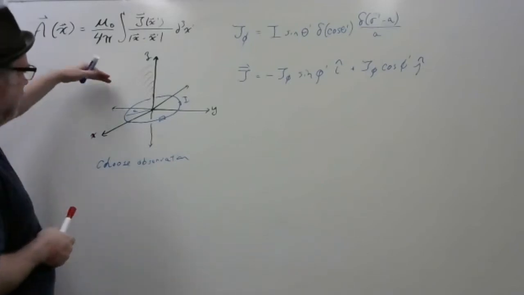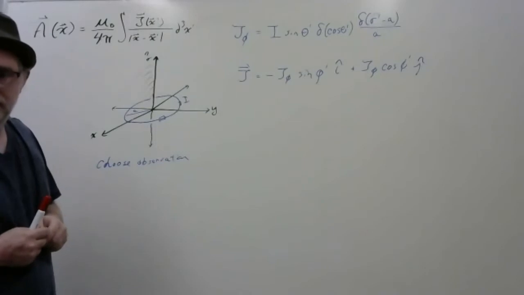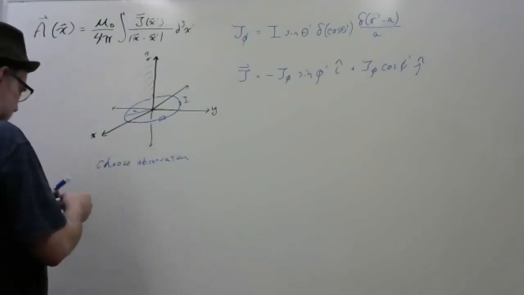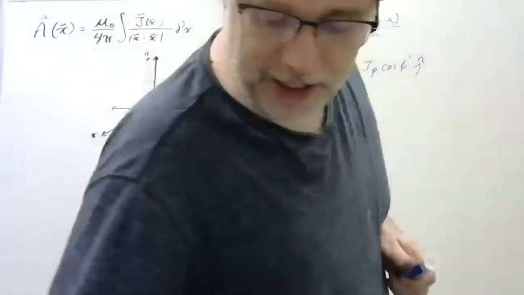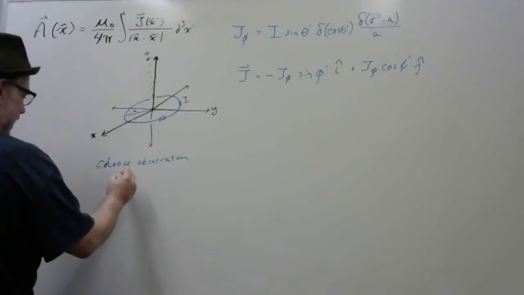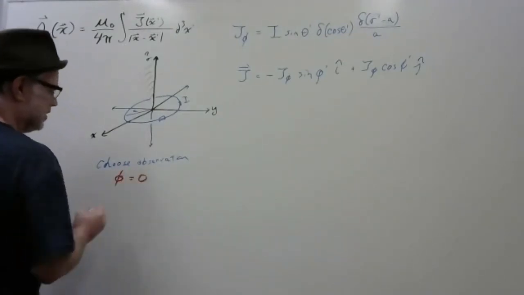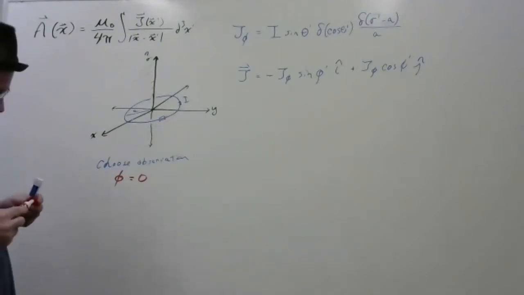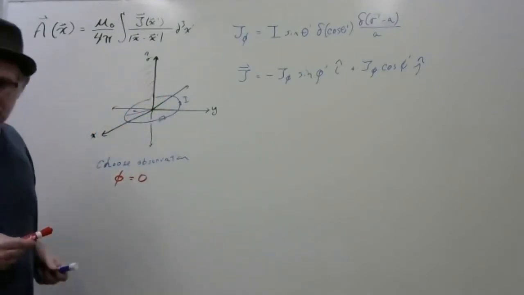Whatever magnetic field we get over here would be azimuthally symmetric. So we pick the observation point that's easiest. The reason the XZ plane is easiest is because phi, where we're looking at the observation point, is equal to 0 everywhere in that plane. Phi prime isn't, because phi prime is where the current is, but our phi is equal to 0.